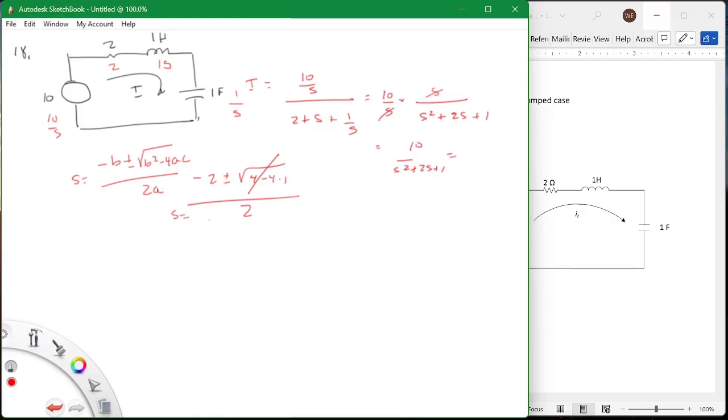Minus 2 plus, okay, so S equals minus 1. So it's S plus 1 times S plus 1. Is S plus 1 times S plus 1 equal to S squared plus 2S plus 1? That's exactly what we have.